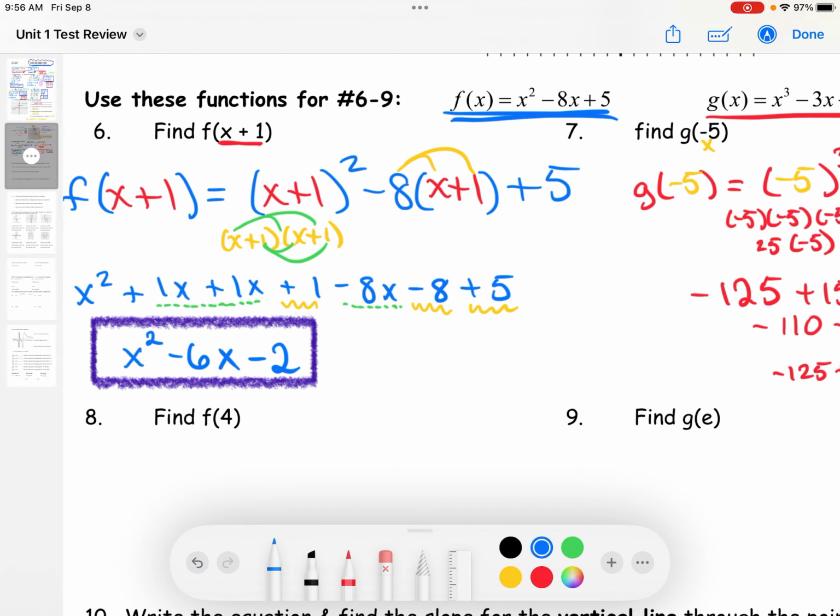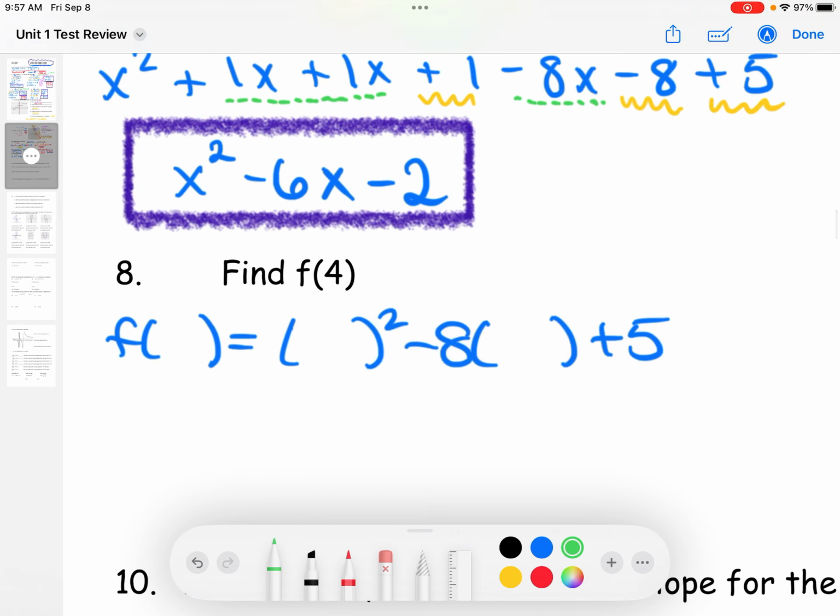So on number 8, let's do f of 4. Write down the f function with nothing plugged in for x. Write down the whole function. Then take that 4 and put it in place of all the x's.